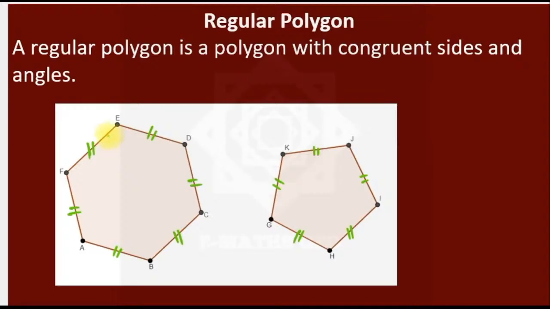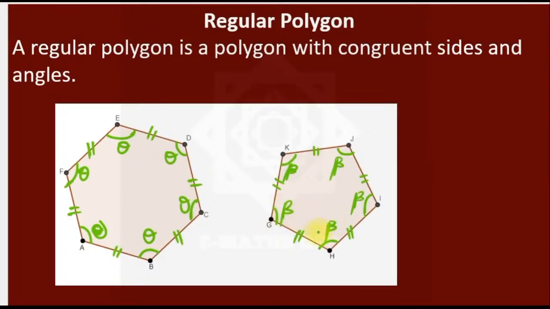And also the interior angles must be the same. So if here is theta, here is theta, here is theta, here is theta, here is theta, here is theta. So also if here is beta, here is beta, here is beta, here is beta, and here is beta. So they must have equal angles and sides.